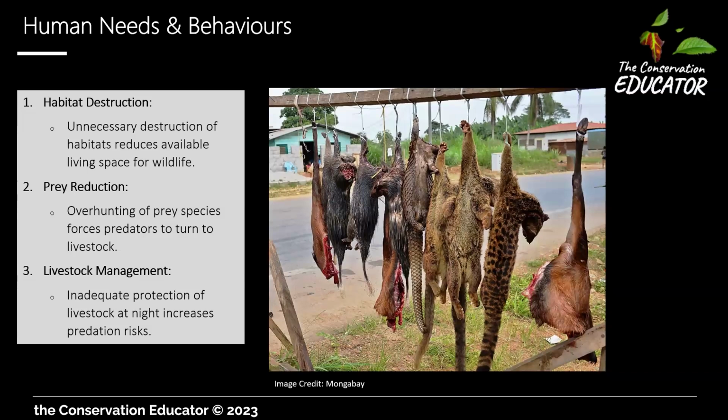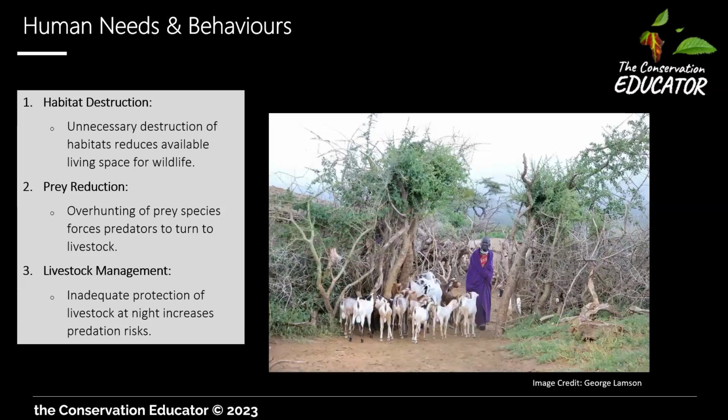Now, if we keep taking those out, then the predators have no prey. Therefore, they will come and prey on livestock. And if we do not keep livestock safe at night, then they're going to come and take our livestock. So predator-proof bomas are super important.